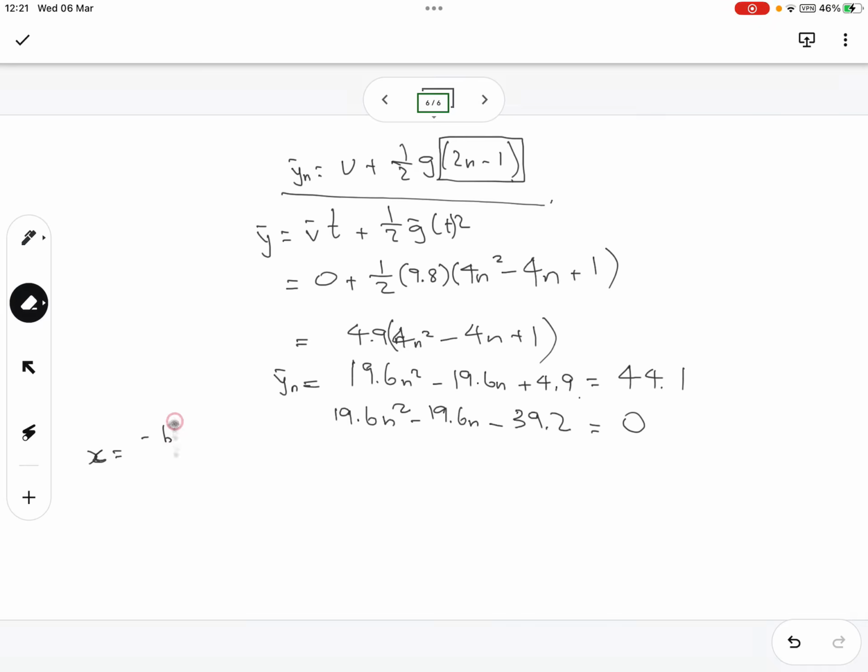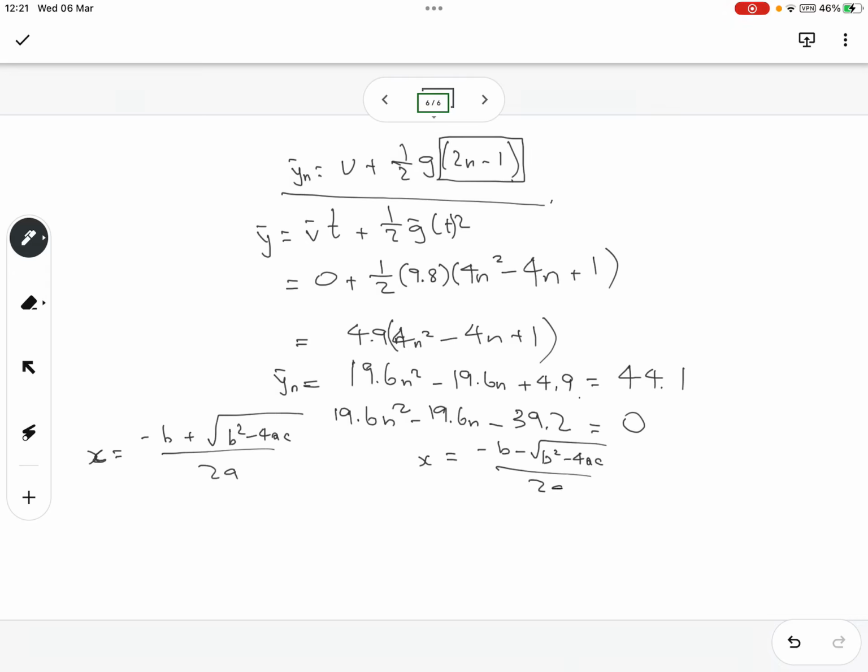It's negative b plus or minus the root of b squared minus 4ac over 2a. And we'll also do the other one, negative b minus the root of b squared minus 4ac over 2a. And the first one will give us how much?